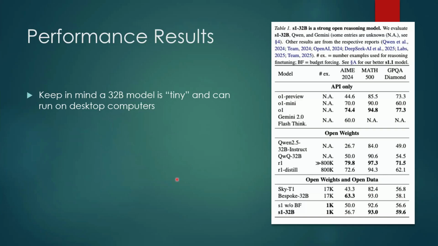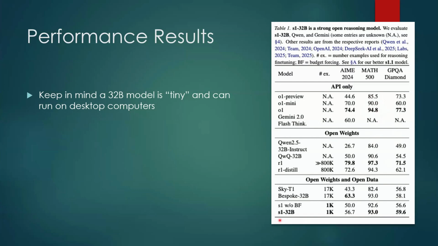Okay, and so how did it do? These are frontier models up here, right? And all of these models are at least 150 billion parameters. This down here is what was actually trained. What's interesting is that for the math results, the MATH 500, it actually beat o1-preview and o1-mini, and got really close to o1, which is considered one of the best thinking models right now.